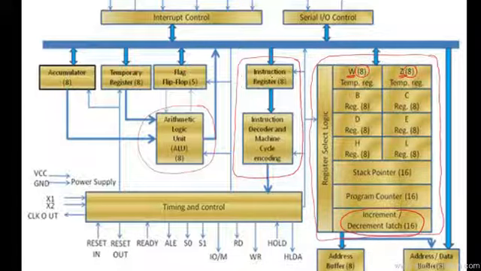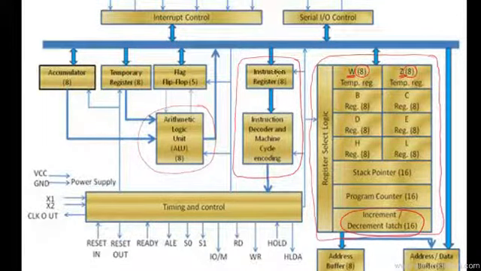One is the instruction register, which is an 8-bit register, and apart from that, we also have an instruction decoder block, and it also encodes the machine cycle.